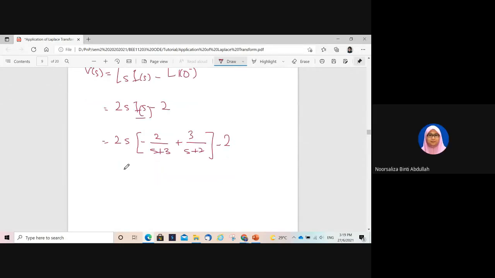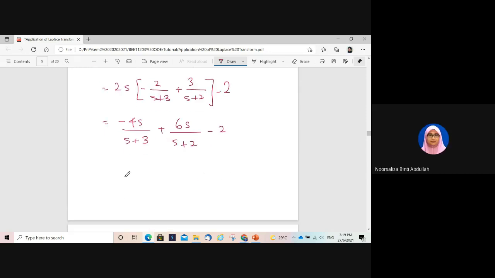Okay, so and then you darabkan, you will get minus 4s over s plus 3 plus with 6s over s plus 2, minus 2.